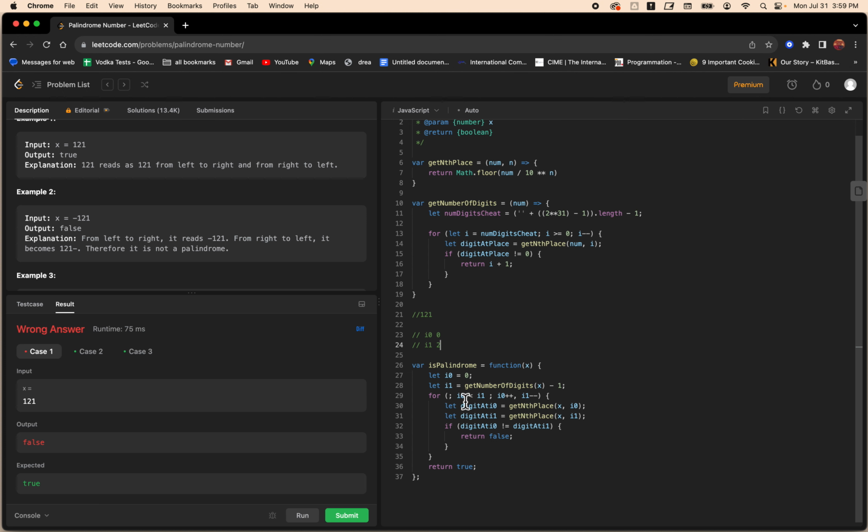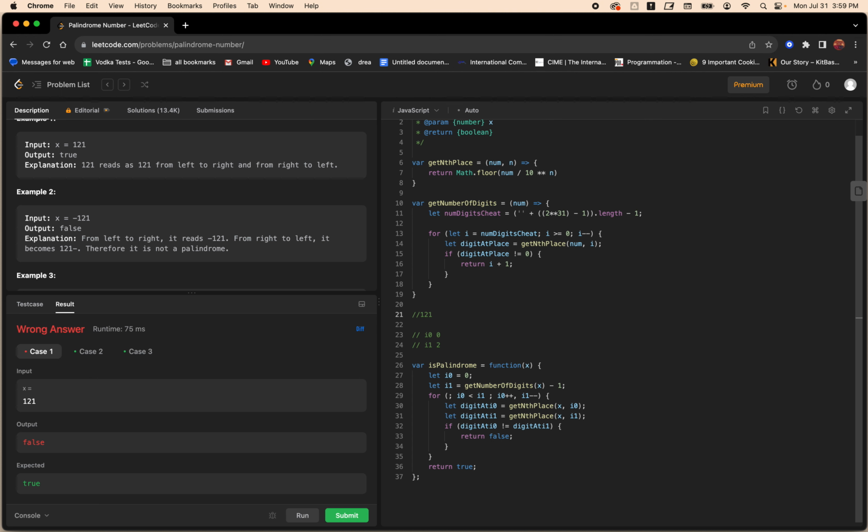This is 2. i0 is less than i1. 0 is definitely less than 2. We want to say digit i0 is that. It's actually the other side of the number.